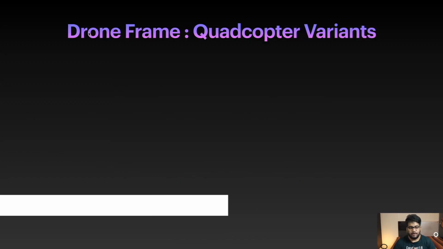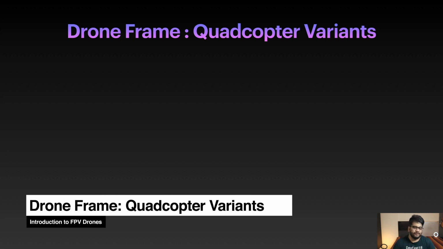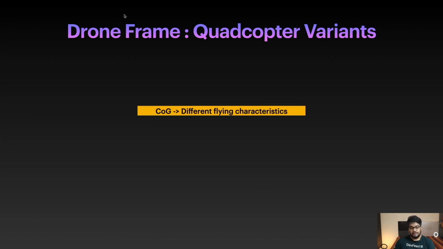Alright, so let's talk about the quadcopter variants in drone frames, and I want you to come back to that same thought process, that whenever I'm saying drone, you think about a quadcopter, the drone frame with 4 motors. Before that, let's talk about different things that change the flying characteristics, and the first thing is center of gravity. The center of gravity is the balancing point of any body, and drones are no different.